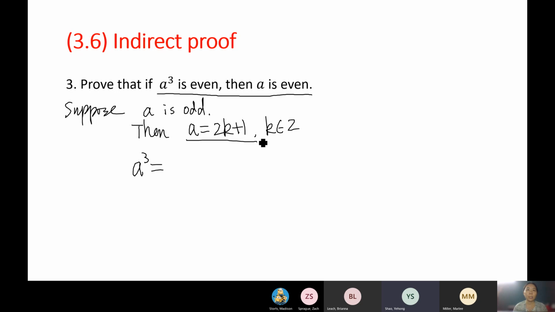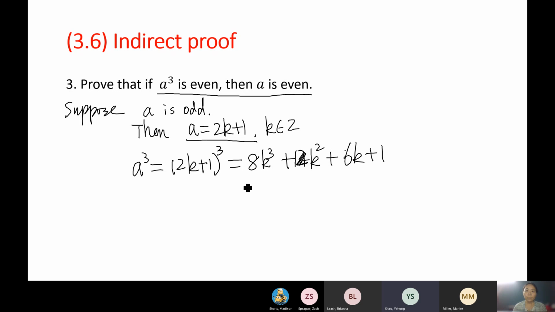Right now, there's no contradiction yet, but after I replace A with 2k plus 1 and take the third power, again, you have to do 3 copies, so you should get A cubed equals 8k cubed plus... wait, hold on, that should be 3 times 4, that should be 12, sorry, 12k squared, and then 3 times 2, 6k, plus 1.